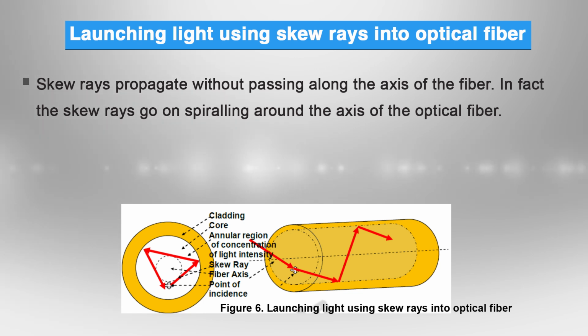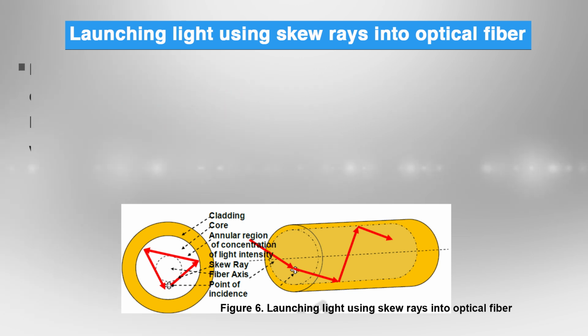Therefore, the intensity at the output of the optical fiber due to skew rays will have minimum energy at the axis, and it will gradually increase towards the periphery of the core.